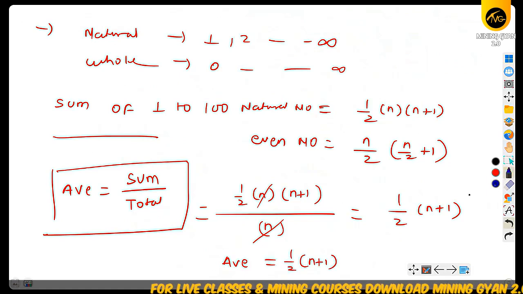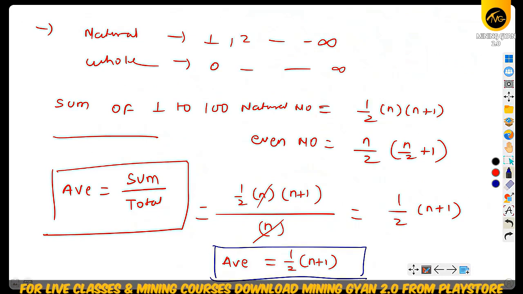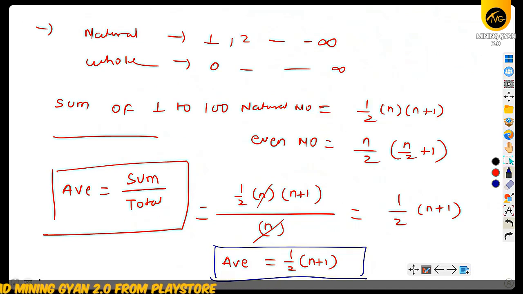Remember that average is equal to 1 divided by 2 into n plus 1. Is it clear? We just modified the formula from the sum formula we used earlier, 1 divided by 2 into n into n plus 1. Now the formula of average is 1 divided by 2 into n plus 1.